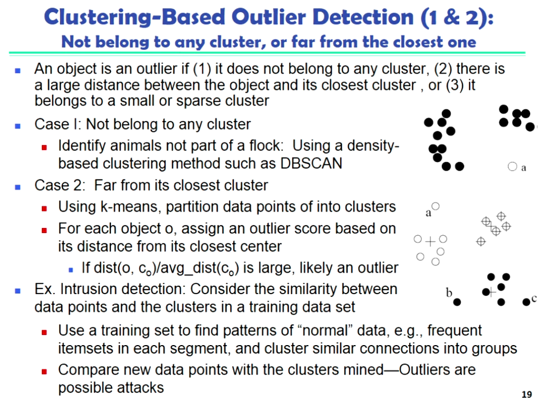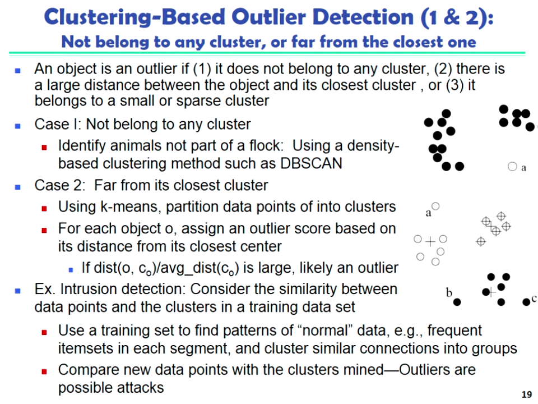When we use k-means, we partition data points into clusters, and for each object O, assign an outlier score based on its distance from its closest center. So if the distance between O and the center of the cluster, divided by the average of all the distances, is large, in this case we can say that this object can be an outlier.